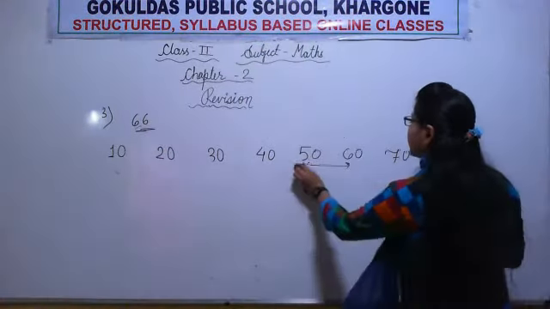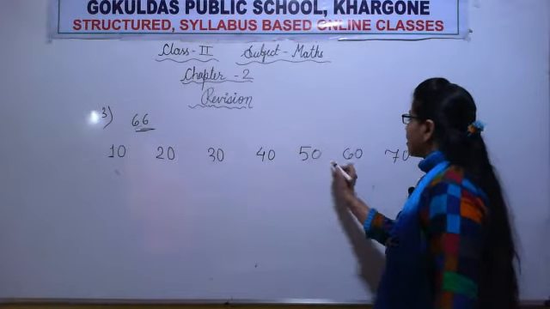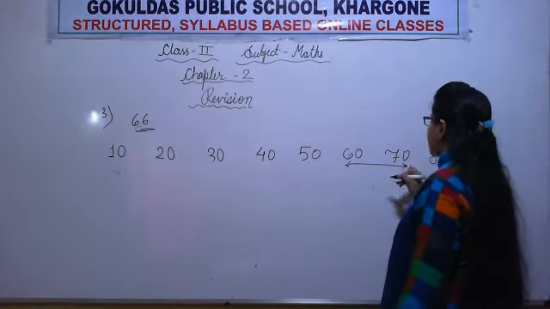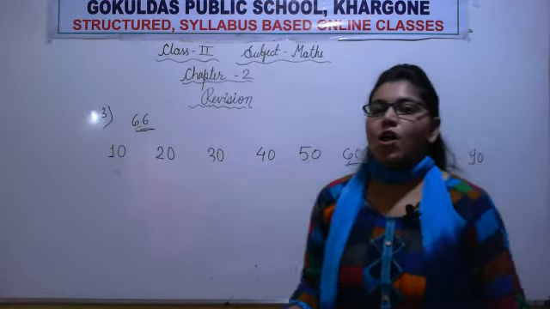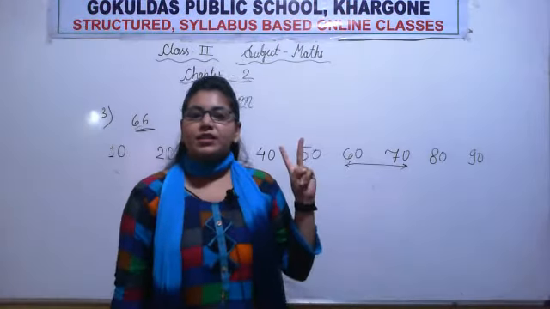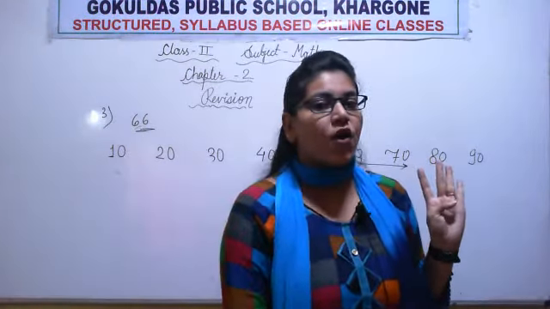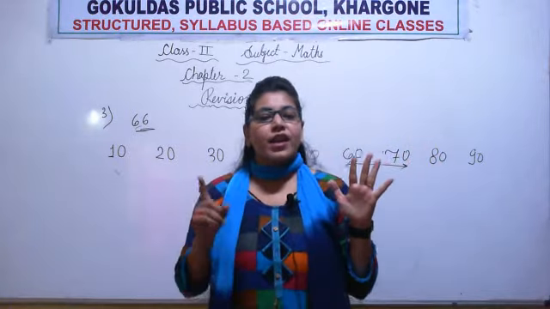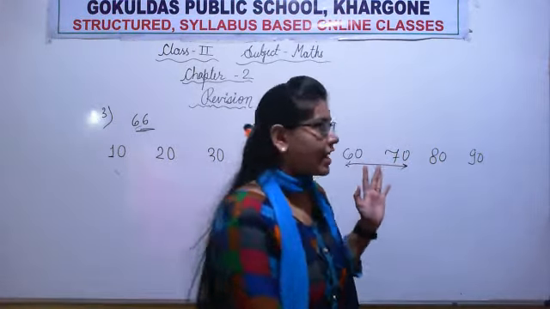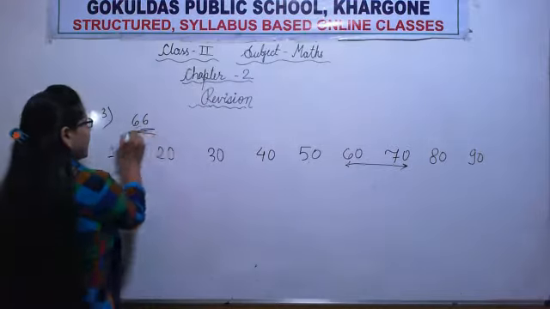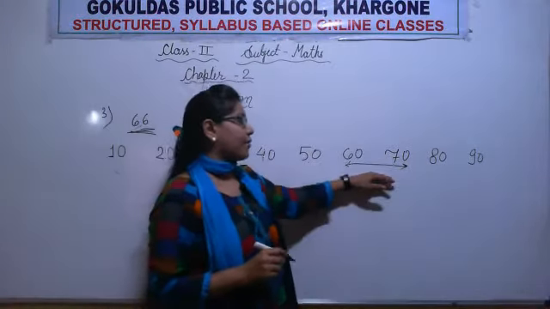So we'll check the next one, from this to this. Now let's count. 61, 62, 63, 64, 65, 66. Yes, the number 66 came.